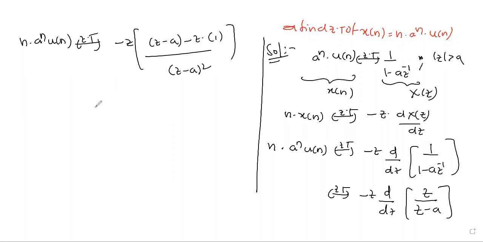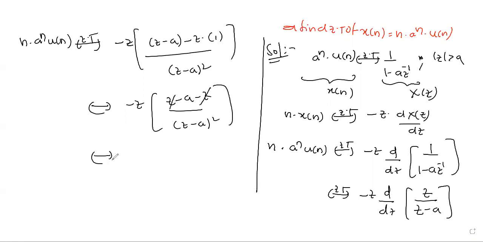So like this you can simplify it now. Minus z into (z minus a) minus z, by (z minus a) whole square. The z will get cancelled. Minus az by (z minus a) whole square.